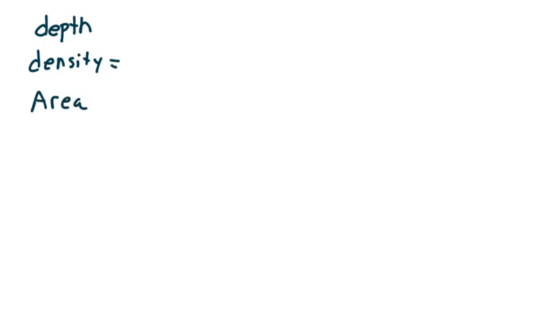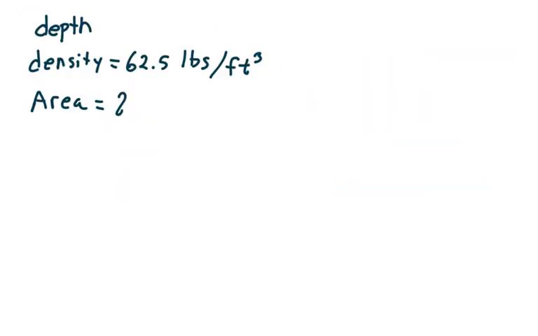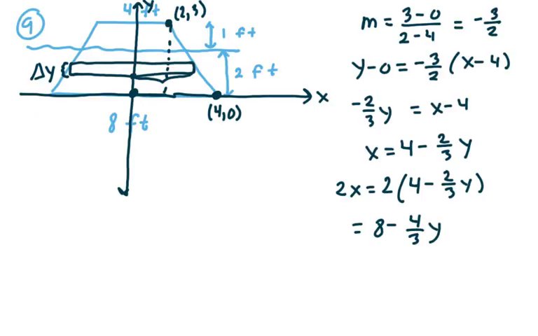The density is 62.5 pounds per cubic foot. The area, I'm going to take 8 minus 4/3 y, delta y. Okay. And then the depth, let's think about this.